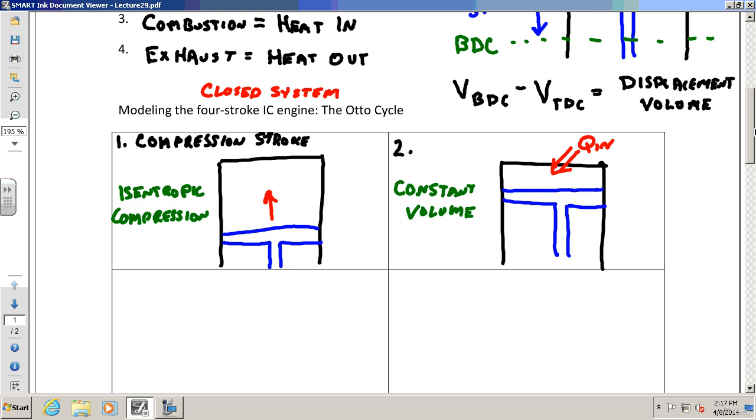The reality is the piston's constantly going up and down, very quickly. It depends on your RPMs, right? But for our purposes, we're going to freeze it. We're going to pretend it stopped.